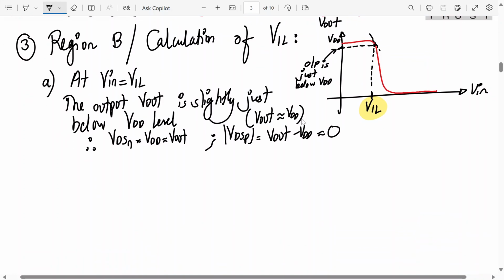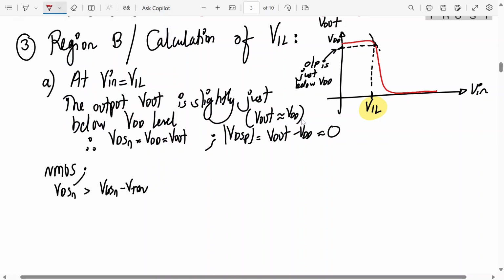Let's come to the NMOS transistor. For the NMOS transistor, my VDSN is almost equal to VDD. So VDSN should be greater than VGSN minus VTON.